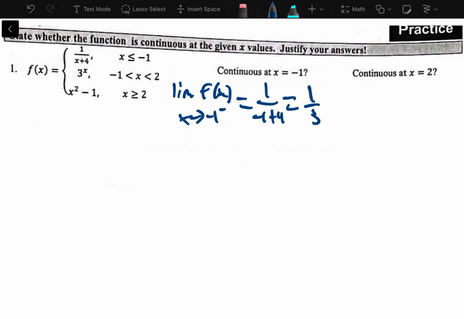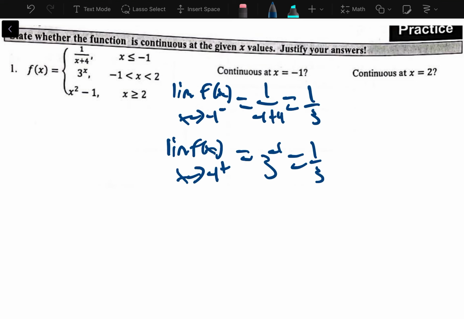Awesome. And then if you look at it from the positive side, the limit of f of x as x approaches negative 1 from the right equals 1/3.